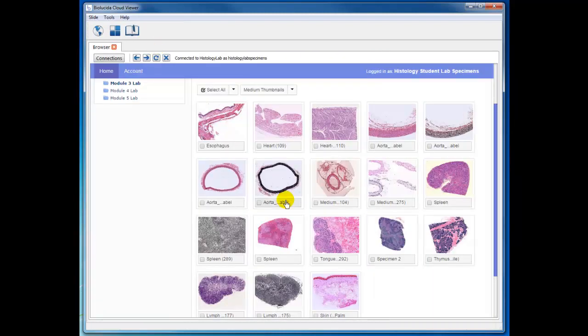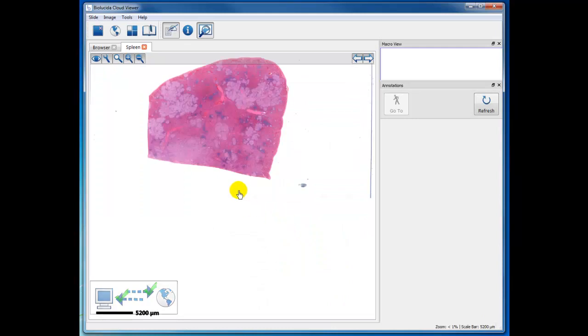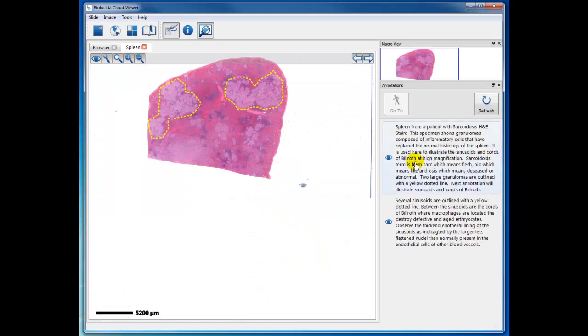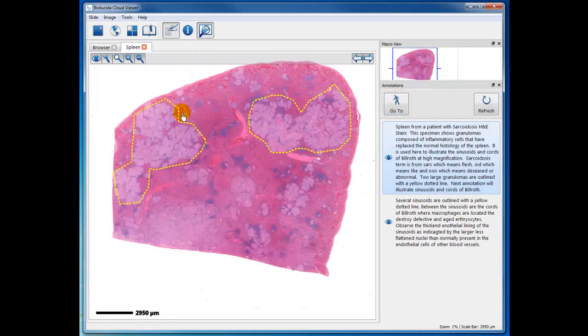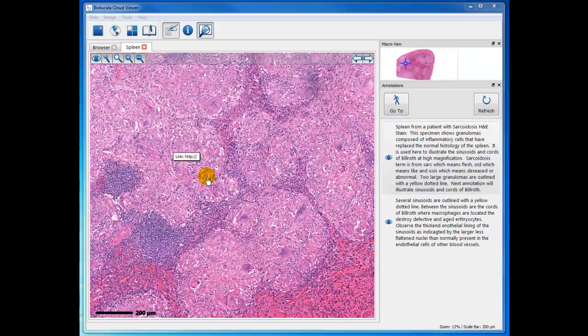So now let's look at this sarcoidosis specimen. These patches that I have outlined here are the area of the sarcoid, which is composed of giant cells, fused macrophages, and various other inflammatory cells attacking an unknown substance.